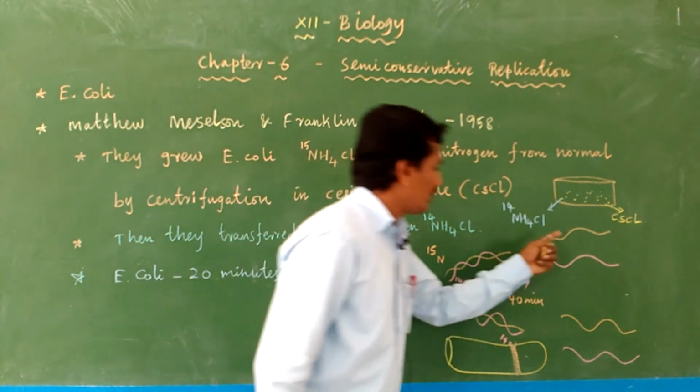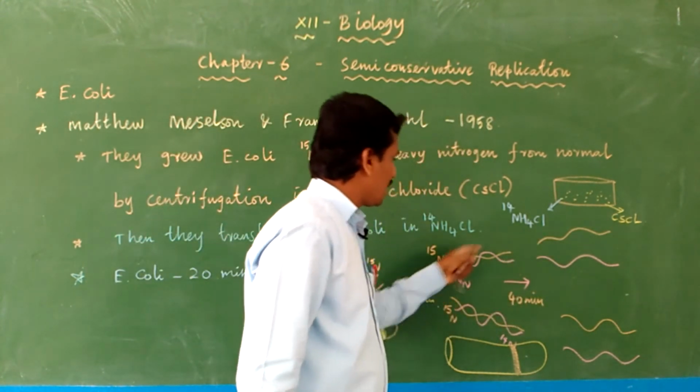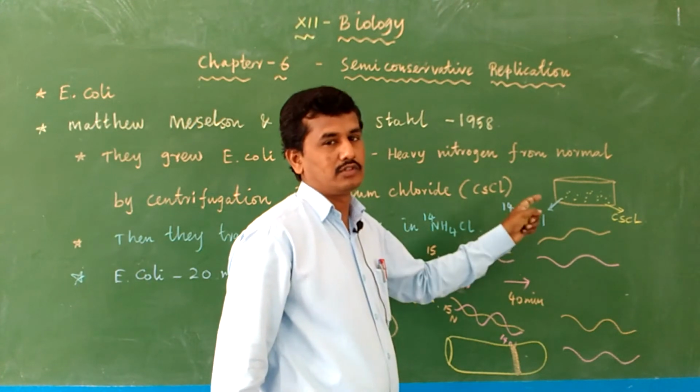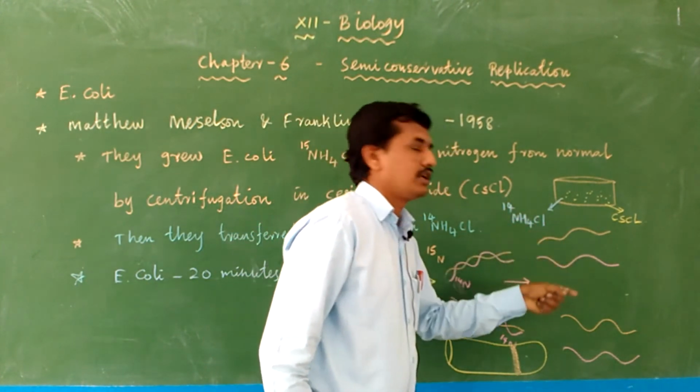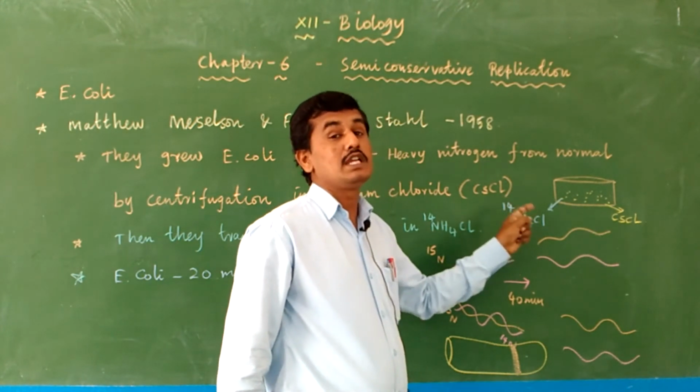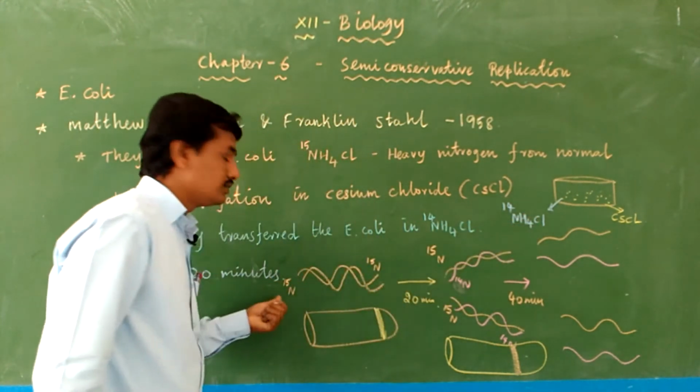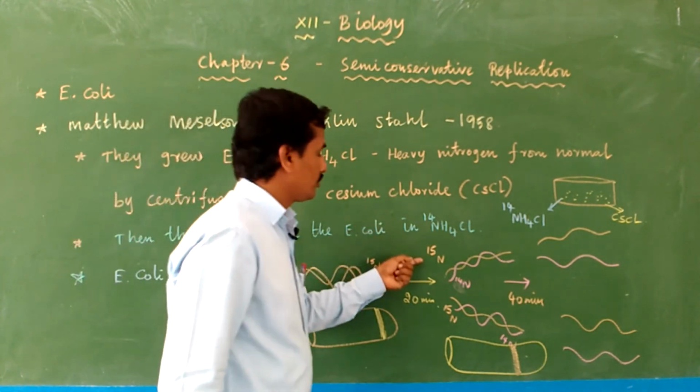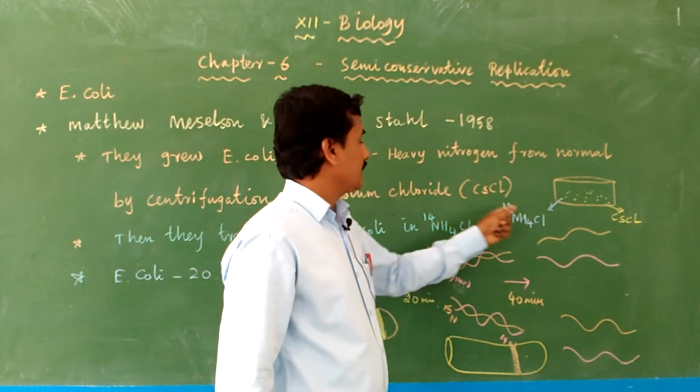Then here also we add ammonium chloride 14 as a substance. In the next experiment, the same bacterium, the same ammonium chloride 14. First we only add 15 ammonium chloride. Here also 14, here also 14.